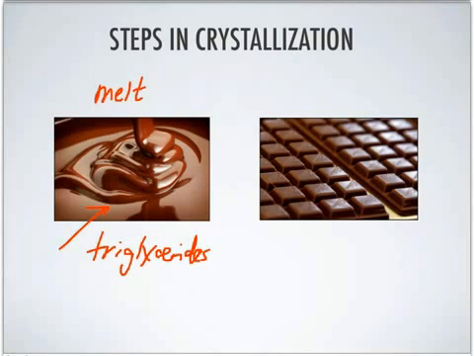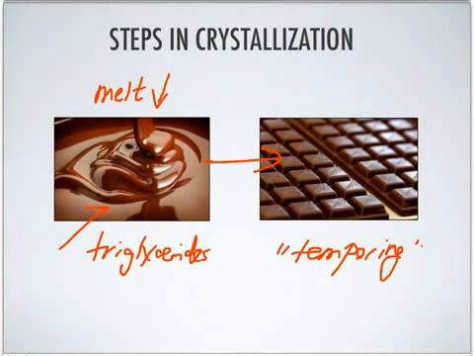When we cool the chocolate below the melting point of the triglycerides, they will crystallize to form a solid crystal. In the process of chocolate making, this step is called tempering. I hope you can read more about this tempering step in chocolate making. This step has to be controlled very carefully to ensure we get the right type of crystals.